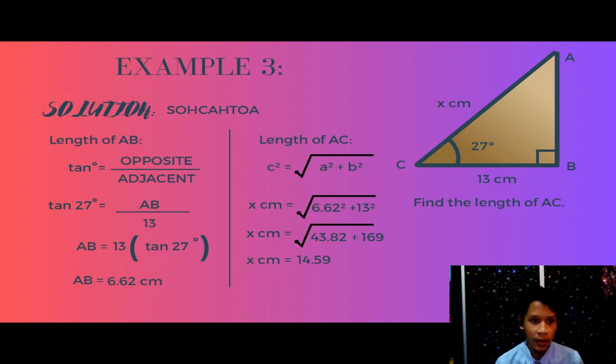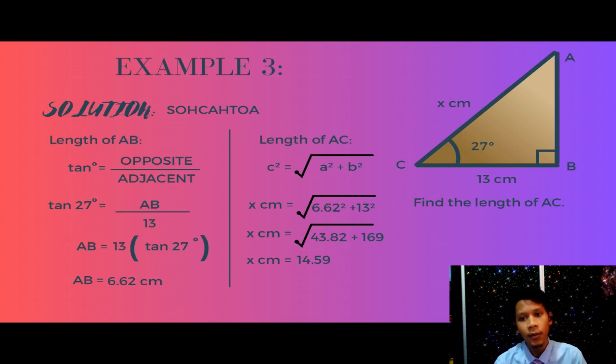We can use tangent, and because tangent is opposite over adjacent, we want to find the opposite, but we don't know the opposite. We can use this, and tan 27 degrees equals AB, unknown, over 13, and AB equals 13 times tan 27, and we can find that AB is 6.62 cm.